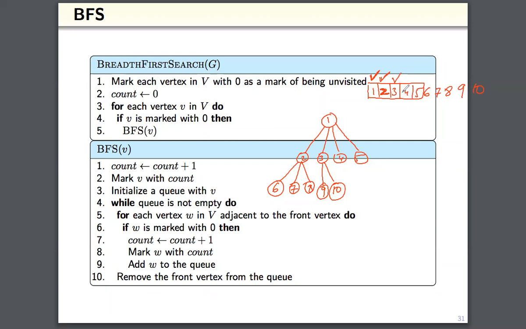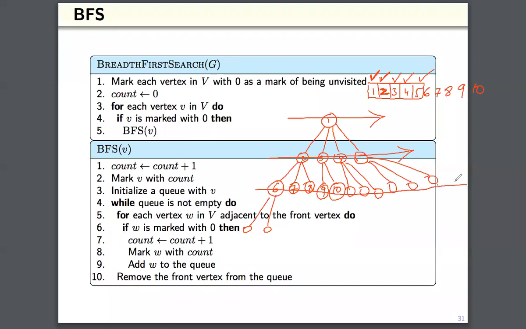So keep doing this. Pop this, add all its child nodes, pop this, 5, and add all its child nodes. Keep doing this, right? So if you look at it, we will get the order of visiting for these nodes as 1, 2, 3, 4, 5, 6, 7, 8, 9, 10, 11, right?